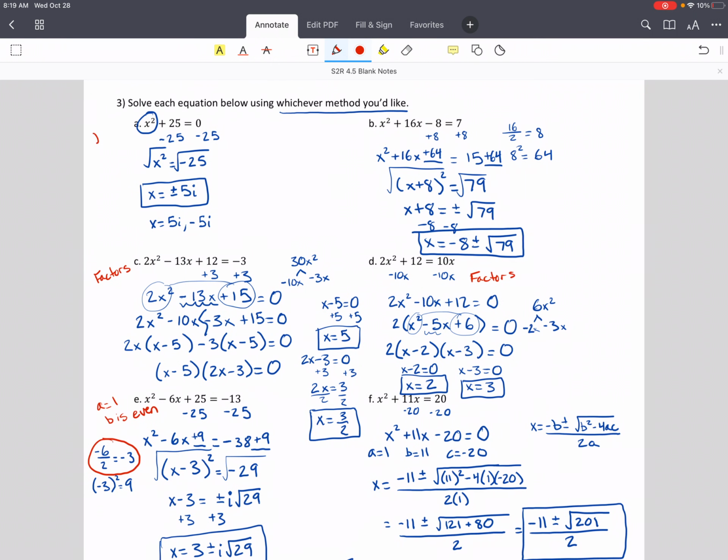This one had just an x squared. And this one the same thing, a was equal to 1, b is even. So that's kind of like, why did I choose those methods? That's why. I hope this was helpful in determining which method to use.